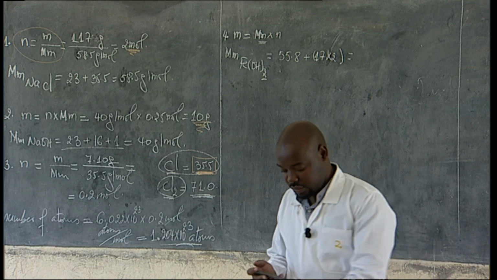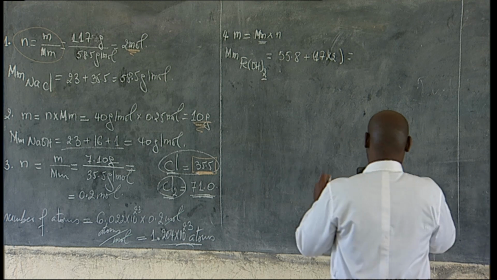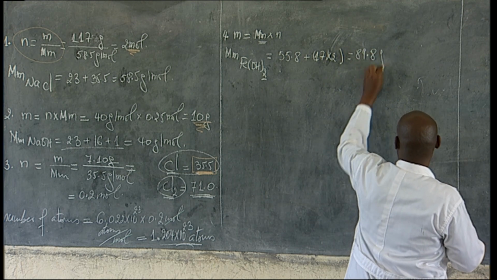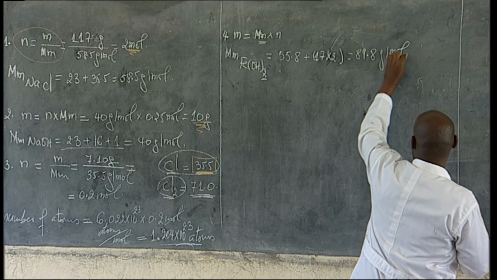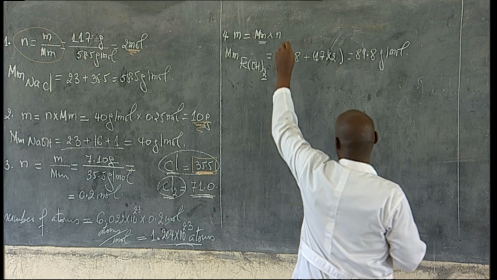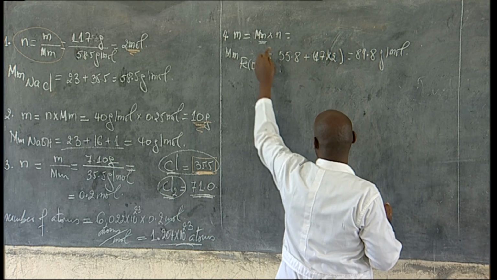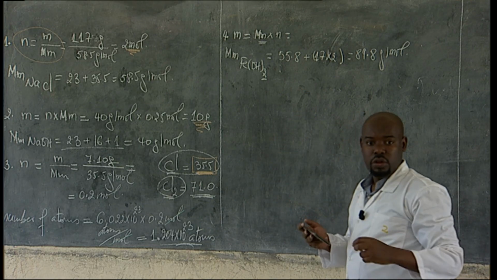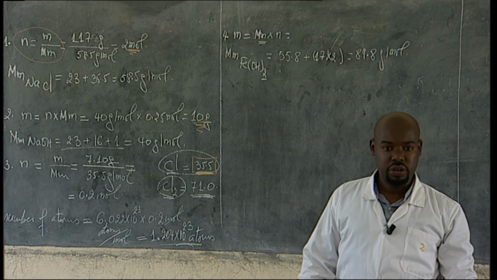And we get 89.8 grams per mole. That is the molar mass of iron 2 hydroxide. And going back to the formula so that we can substitute, what do we get? We have the number of moles, okay? Look here.